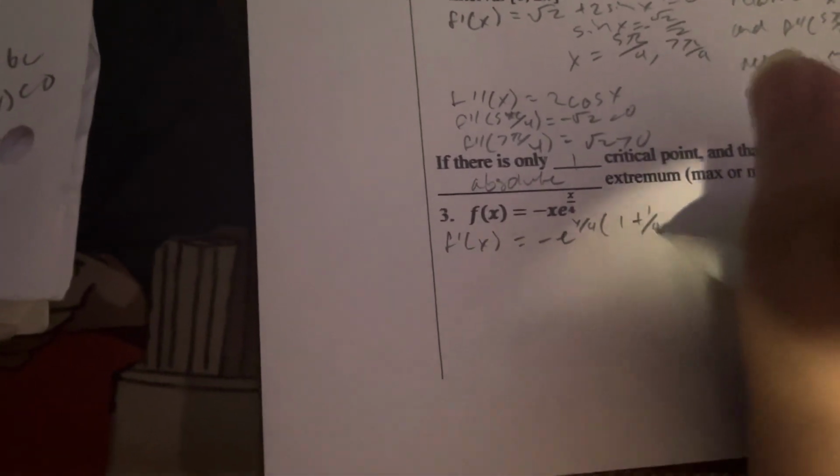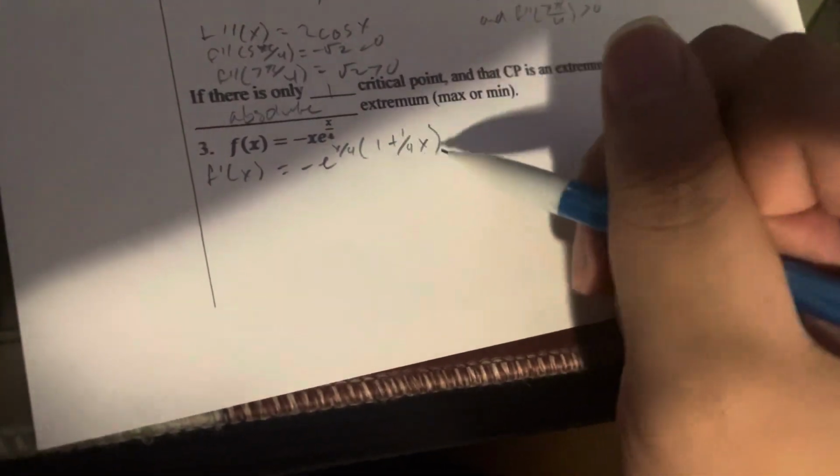So our first derivative is negative e to the power of x over 4 multiplied by 1 plus 1 over 4x. I can already see that if x equals negative 4, it'll make whatever is inside here 0, and multiplied by this, it'll make the whole function equal 0. So we have a critical point at x equals negative 4.